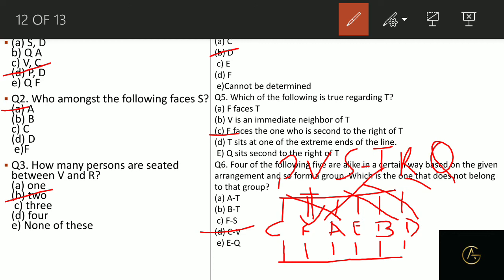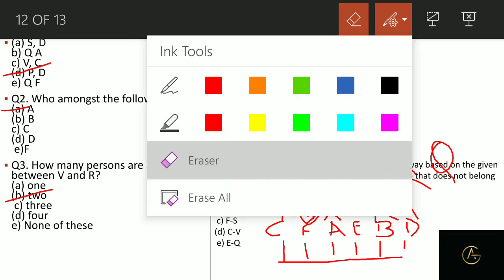B and T, not. F and S, opposite. C and V, opposite. So the answer will be B.